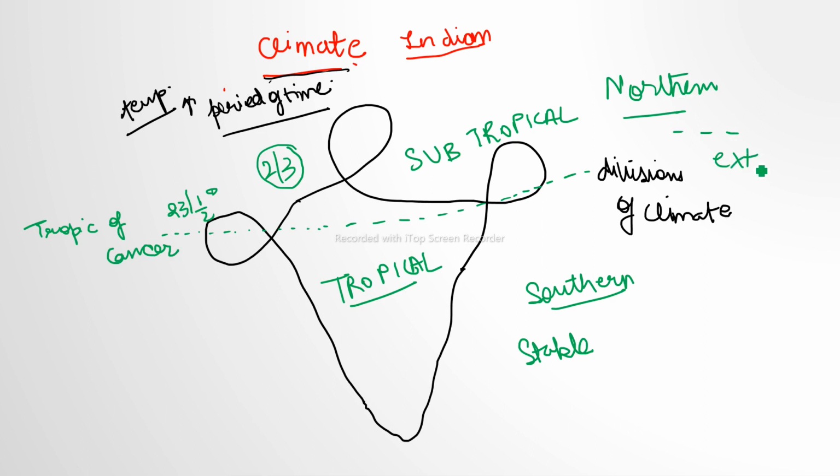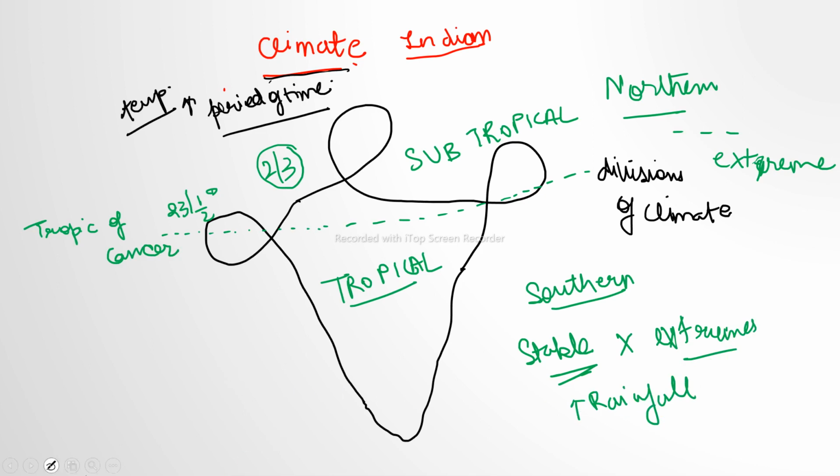There are extreme weather conditions seen in the north, whereas here the climate is quite stable with lesser extremes. But one extreme that is very much present here is rainfall, because India is covered with water on three sides.